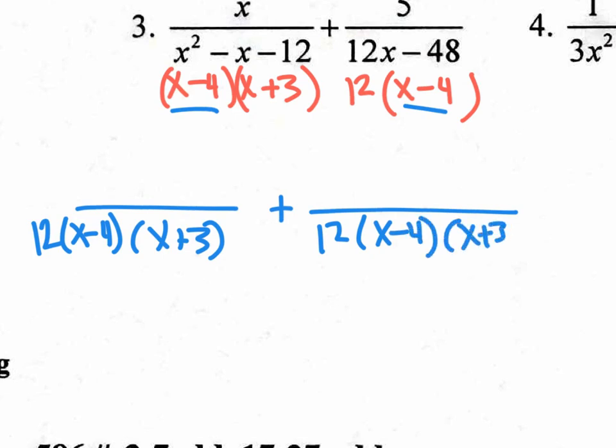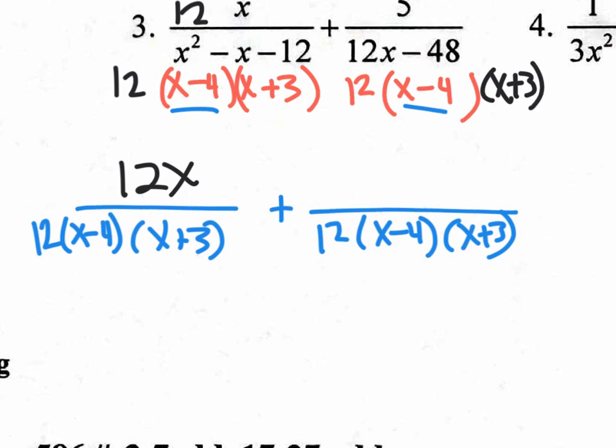You write it twice. Then you go to your first denominator and you say, what's missing? What's missing on this first one compared to the second one? A 12. So if you multiply both top and bottom by 12, you get 12x. What's missing on the second denominator? This guy, what's missing compared to this guy? X plus 3. So you do x plus 3 both on top and on bottom.